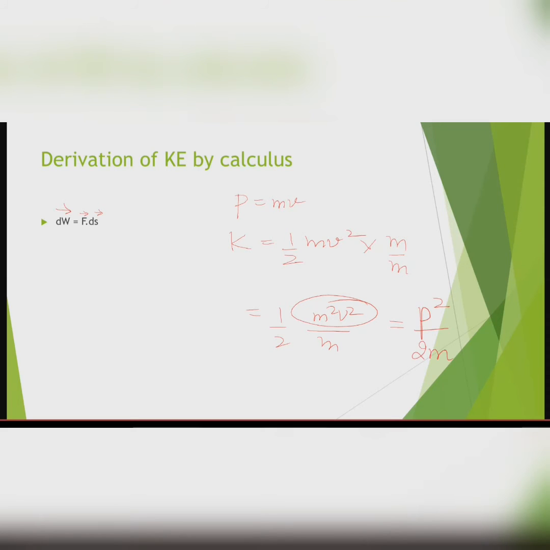So I get p square by 2m. So kinetic energy is p square by 2m. And I can rewrite this expression as momentum is equal to root 2 times mK.